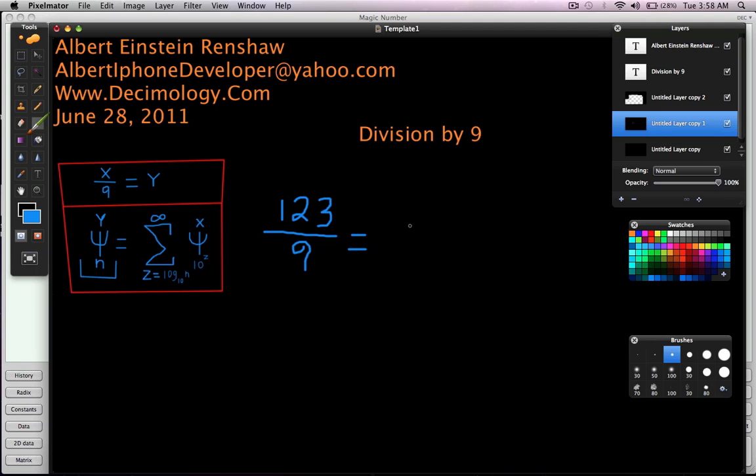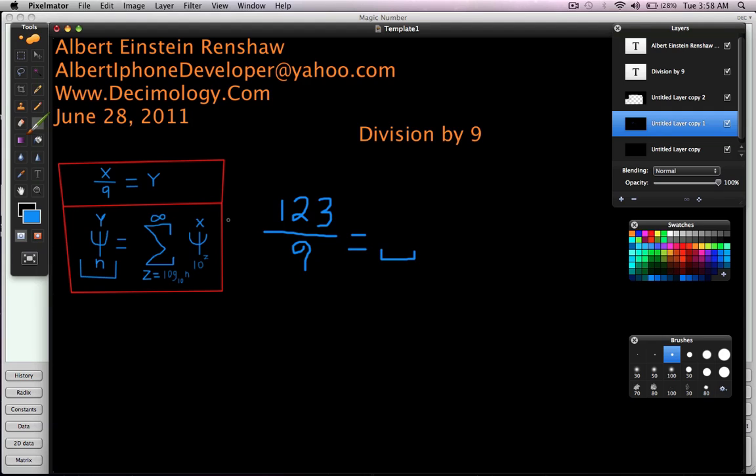The cool thing about this pattern is it lets you do it in your head really fast. For the first digit, you take the first number. Every time you solve for a digit, you take that number and add all the previous numbers.